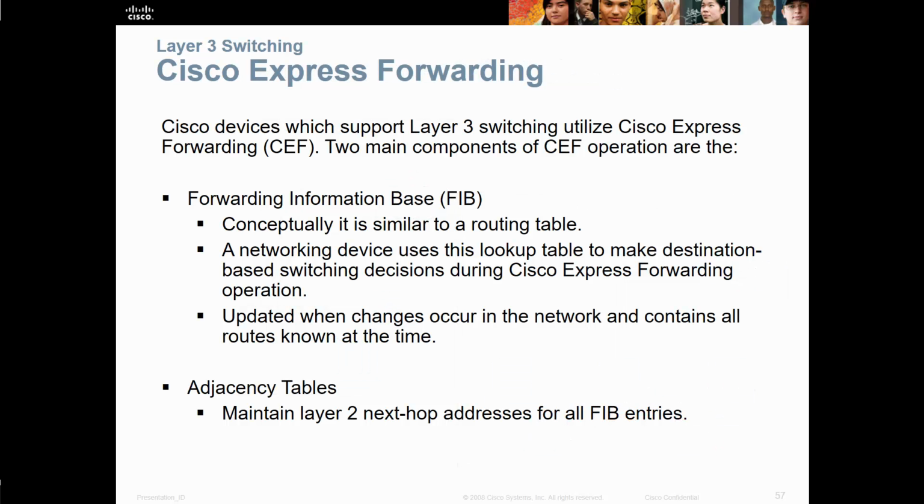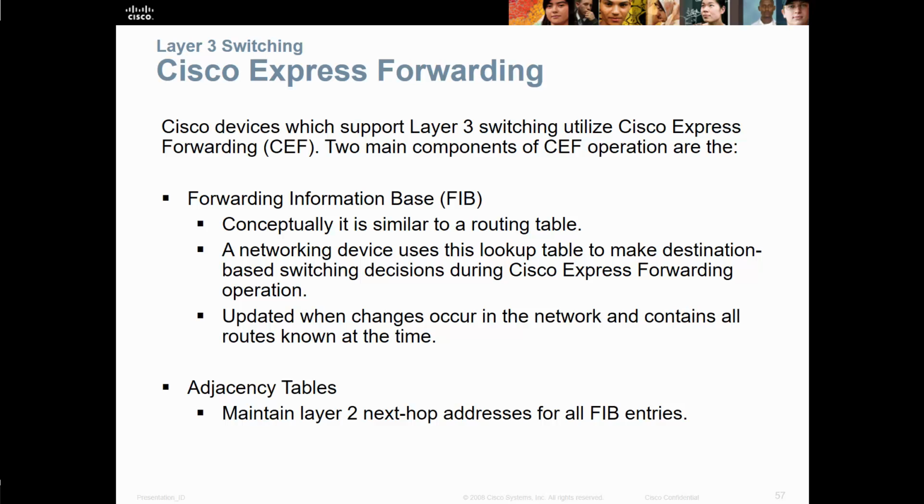Next, we have our Cisco Express Forwarding. So this is a new technology that comes with layer 3 switching, and there's two major components with our Cisco Express Forwarding, known as CEF. The components are what's called Forwarding Information Base, or FIB. It's conceptually similar to a routing table.